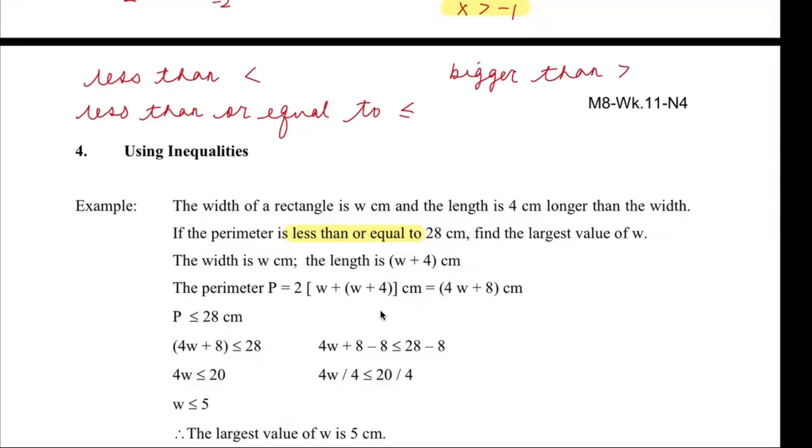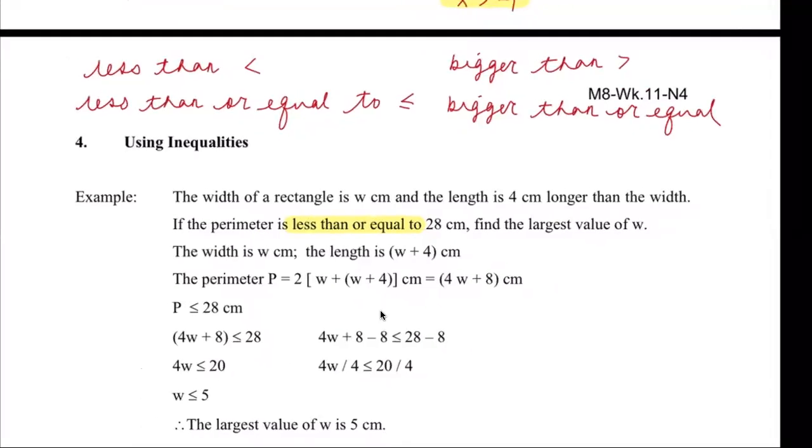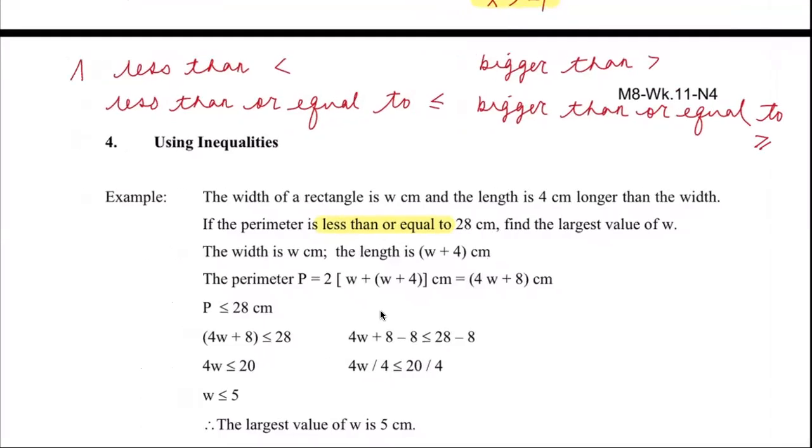If we say bigger than or equal to, then we're talking about this sign. So this is very important. We need to know that these four statements or these four signs mean different things.